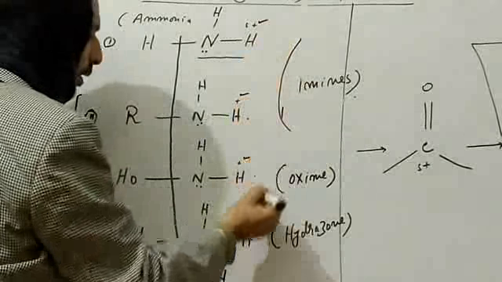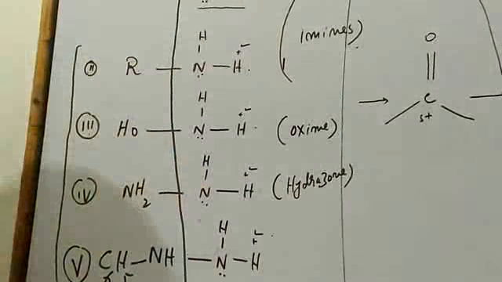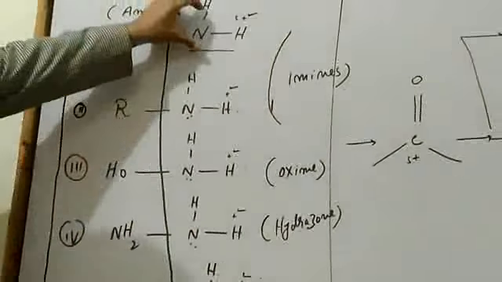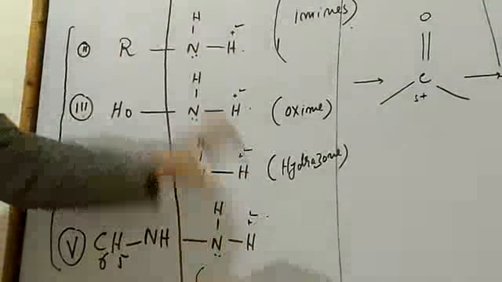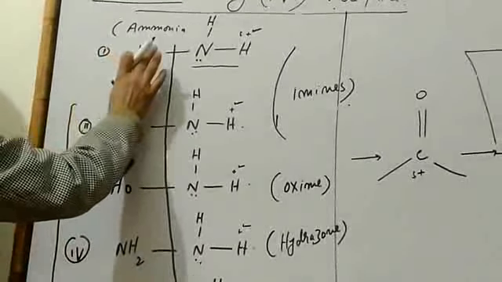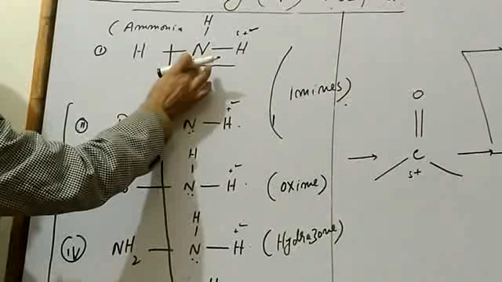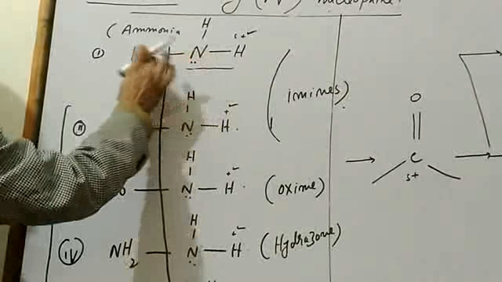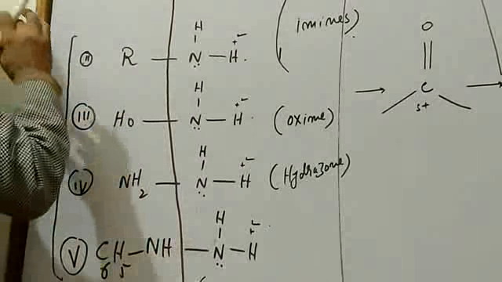Here hydrogen, hydrogen, hydrogen, and hydrogen. So these are the reactive groups in all these compounds. Once again, I may revise. Ammonia contains nitrogen, which is the attacking nucleophile, and the rest of the compounds are ammonia derivatives.